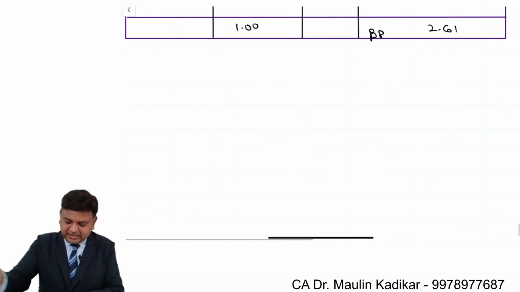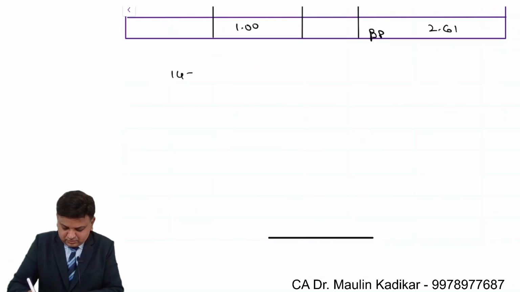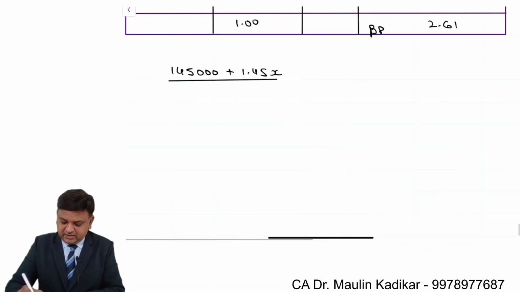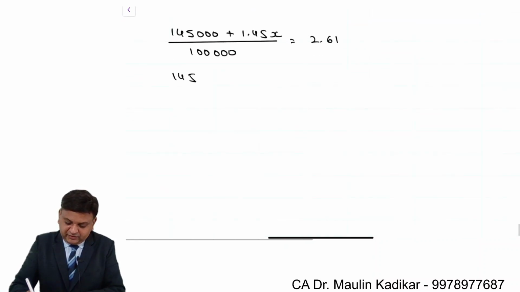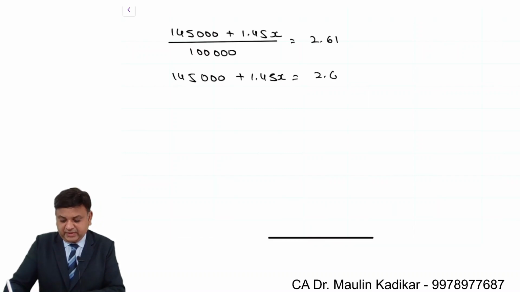So here it is 1,45,000 plus 1.45x divided by 1 lakh is equal to 2.61. So 1,45,000 plus 1.45x is equal to 2.61 into 1 lakh.